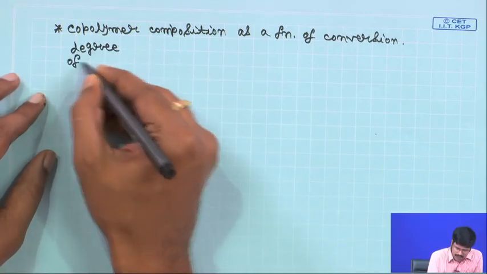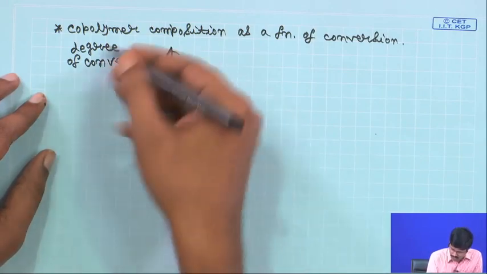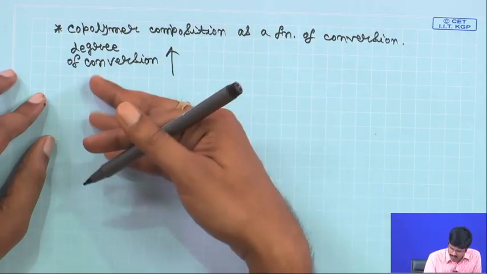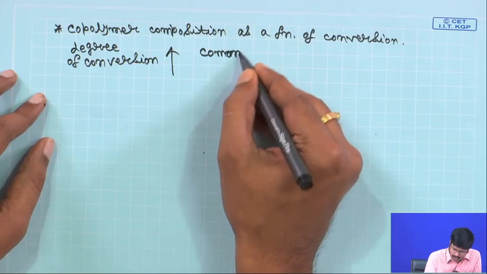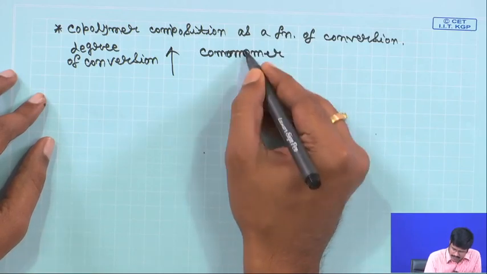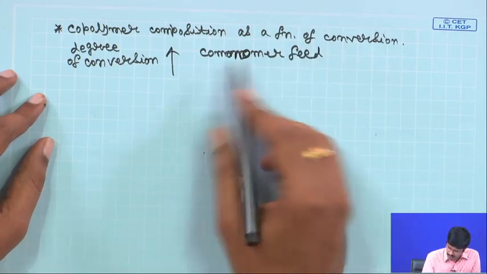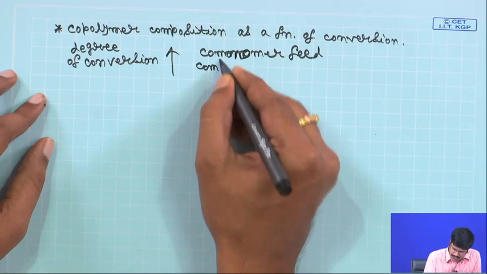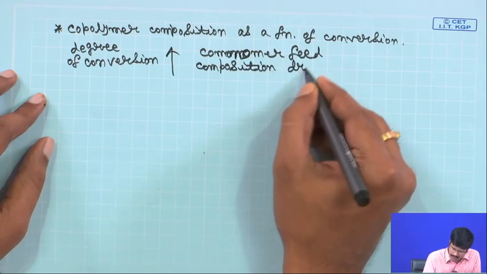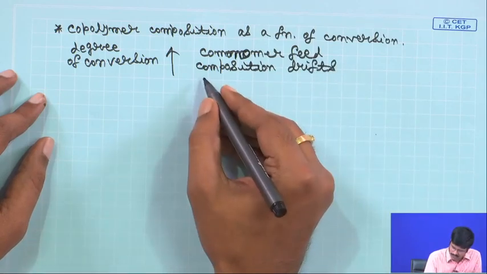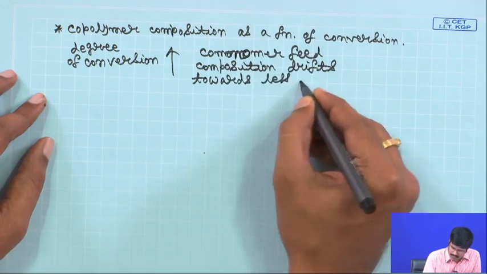As the degree of conversion goes up, as it proceeds towards higher degree of conversion, your co-monomer feed composition drifts towards the less reactive monomer.